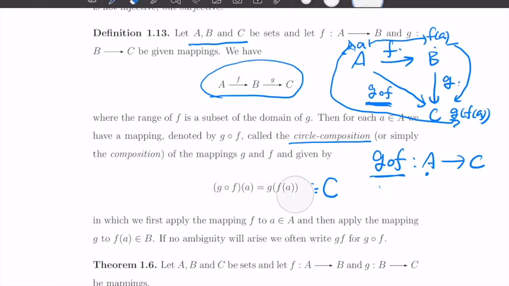So this rule is defined for each element of A. Then this defines a new mapping called g after f.